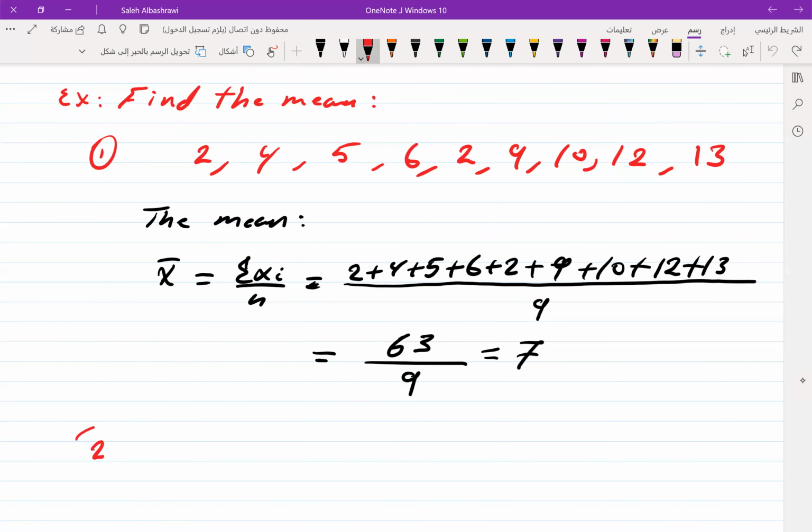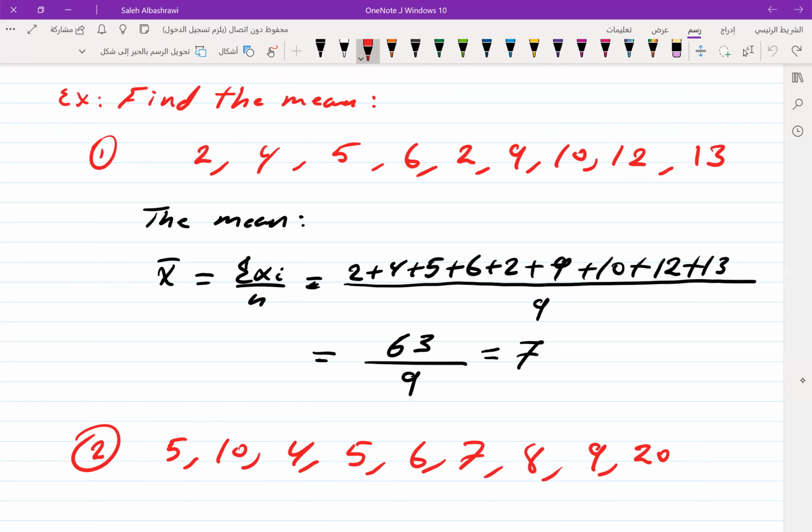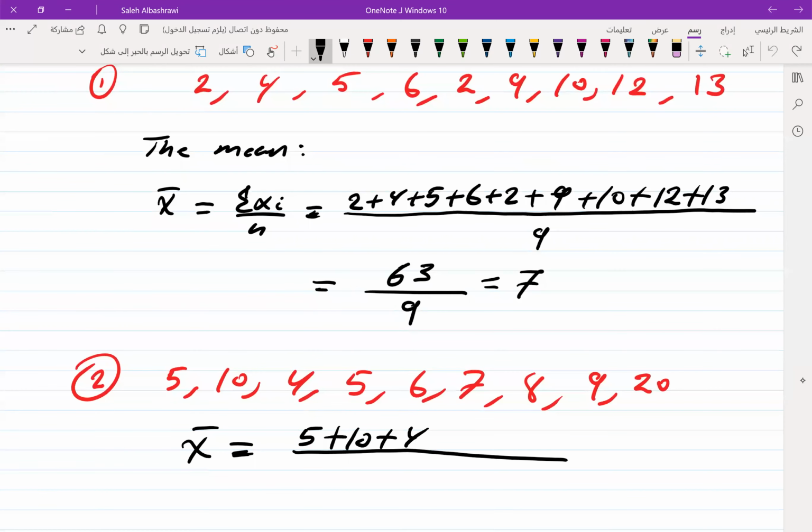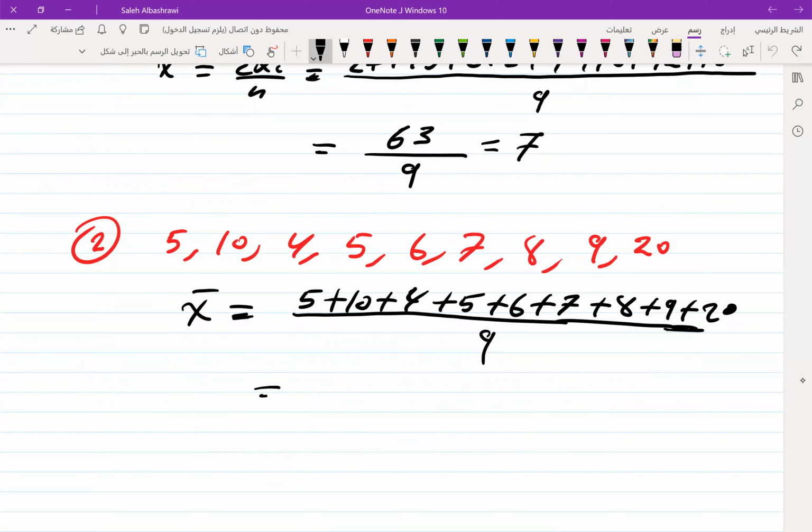Another example, number 2. So the mean for this one, x bar, will be the sum of the values, 5 plus 10 plus 4 plus 5 plus 6 plus 7, divided by, again I have 9 values, which is equal to 15 plus 4 is 19, plus 5, 24, 30, 37, 45, 54, and 74.